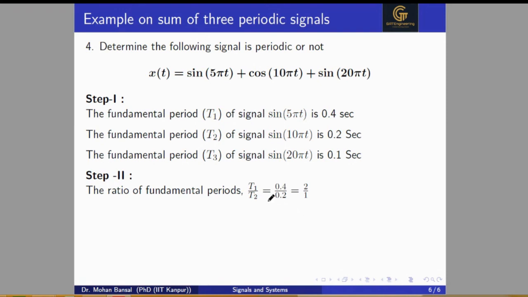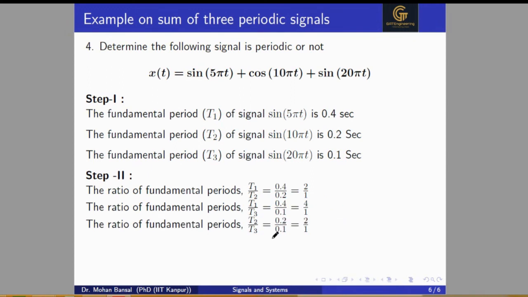The ratio of fundamental periods T1 and T2 is 2 divided by 1. The ratio of T1 and T3 will be 4 divided by 1, 0.4 divided by 0.1. The ratio of T2 divided by T3 will be 0.2 divided by 0.1, which is 2 divided by 1.